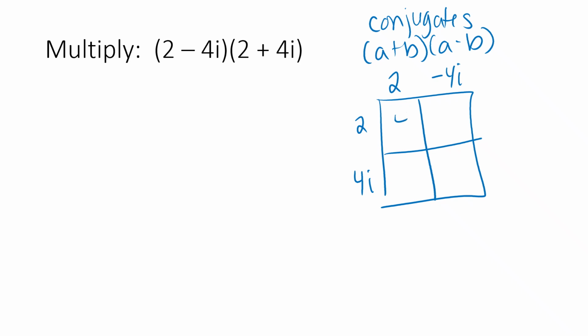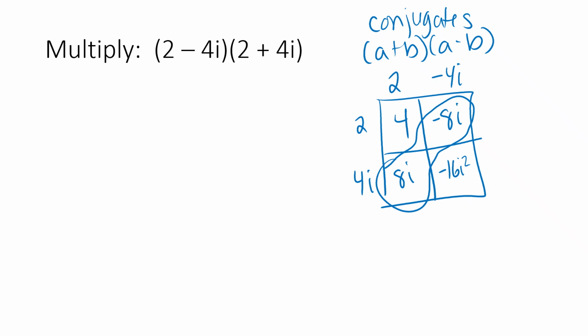So 2 times 2 is 4. 2 times -4i is -8i. 2 times 4i is 8i. And -4i times 4i is -16i squared. And what I want you to notice there is those two terms on the diagonal cancel out. And that is, again, because one of them was plus and one was minus.